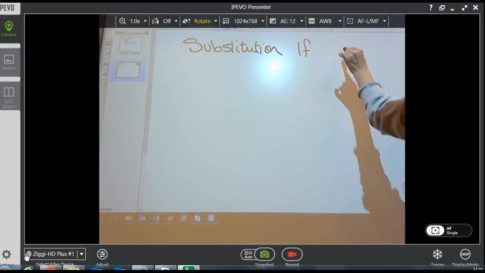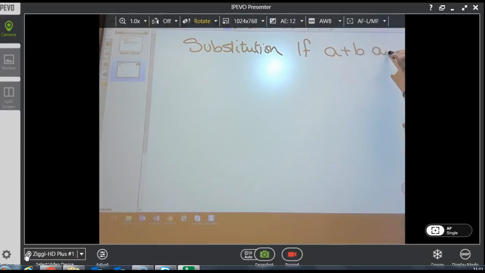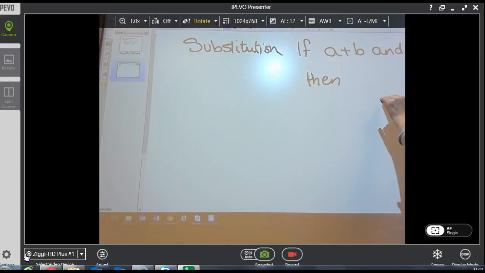So if A plus B and A equals, what's a good number? 4. B will be 4. Then 2 plus 4. Is that a good enough explanation of substitution?